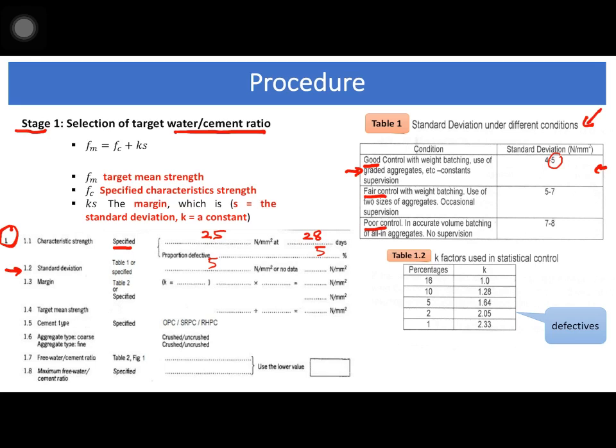So now the next part is 1.3, margin. So for this margin we need to refer to 1.2. So to get the value of K here, if we have been given the defective, this is the defective table K. So K factors can be determined based on the 5% defective.